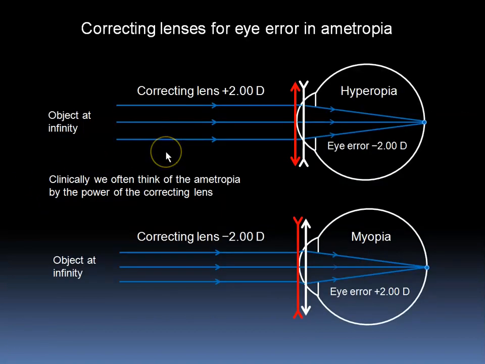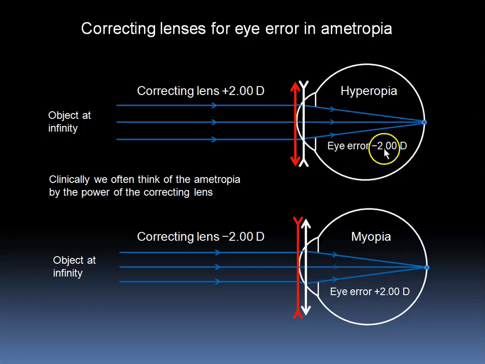Here we show correcting lenses for eye error in ametropia. We described hyperopia as an optical system not sufficient to bring the rays to focus, so that they end up too far behind. In other words, there is a relative deficiency of converging power in the hyperopic eye.